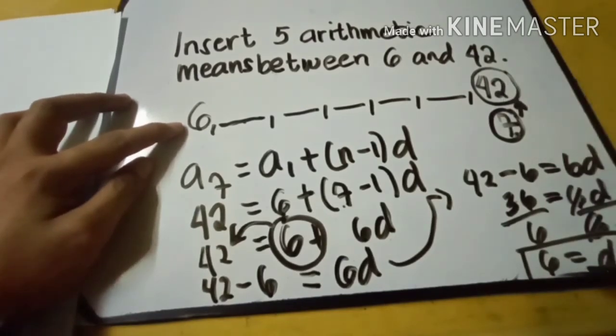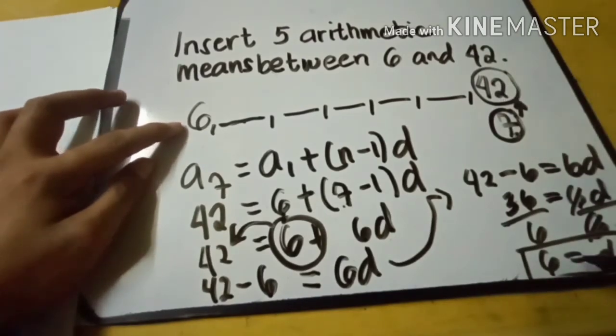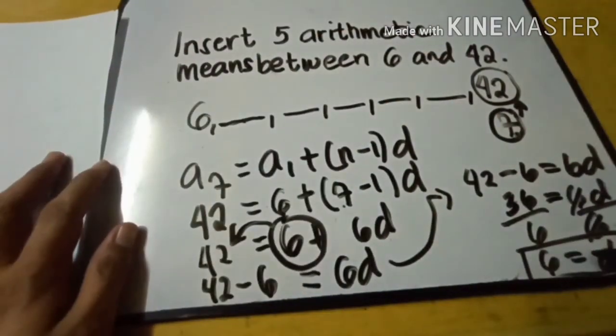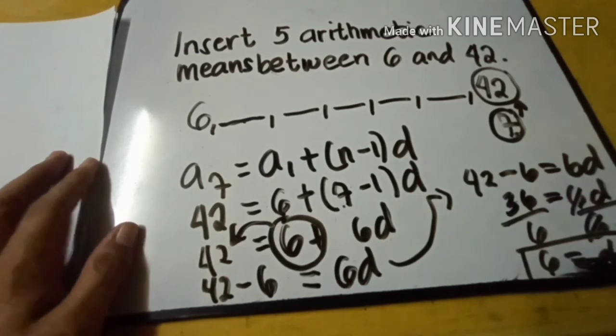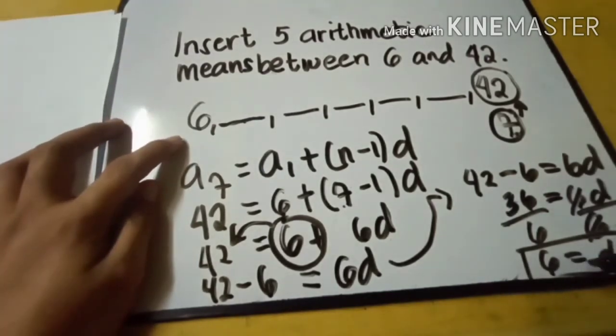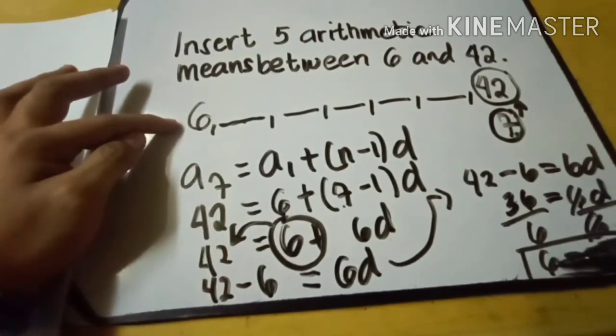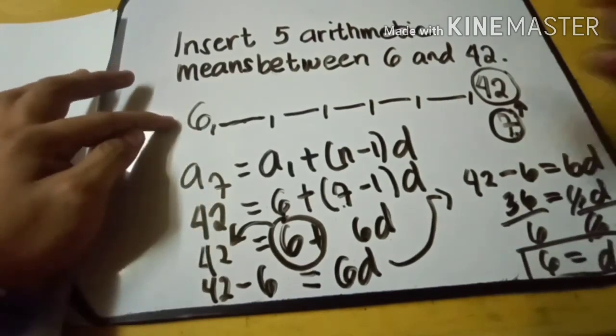We use this common difference such that we can insert the 5 arithmetic means. So we simply add this common difference to the first term. Again, we simply add the common difference to the first term. So we have 6 plus 6, because 6 is our common difference. So 6 plus 6 is 12.